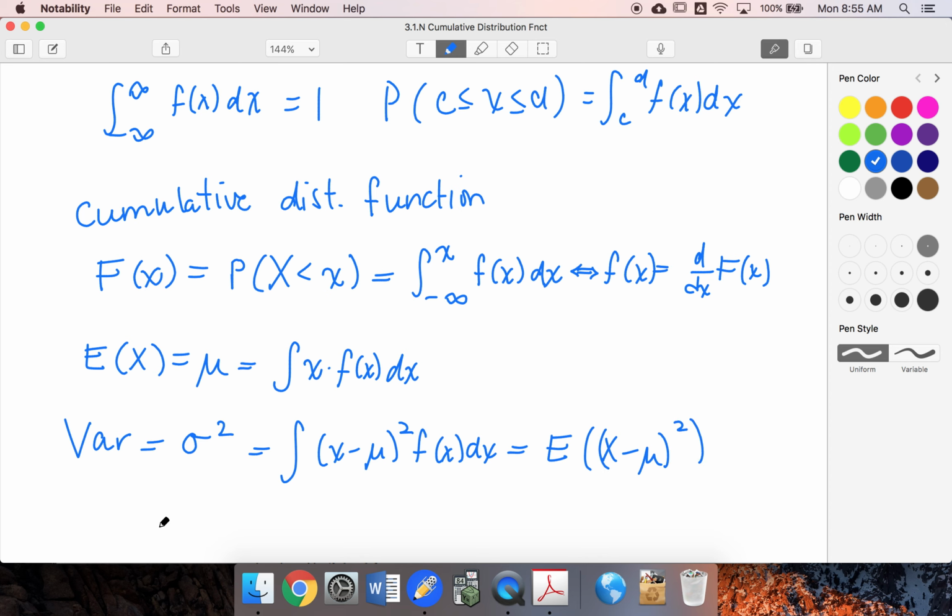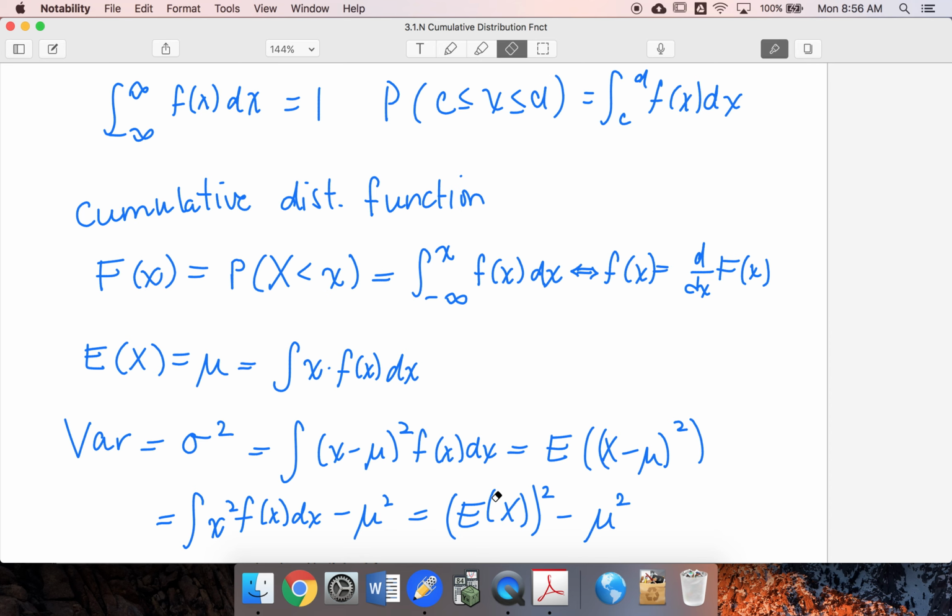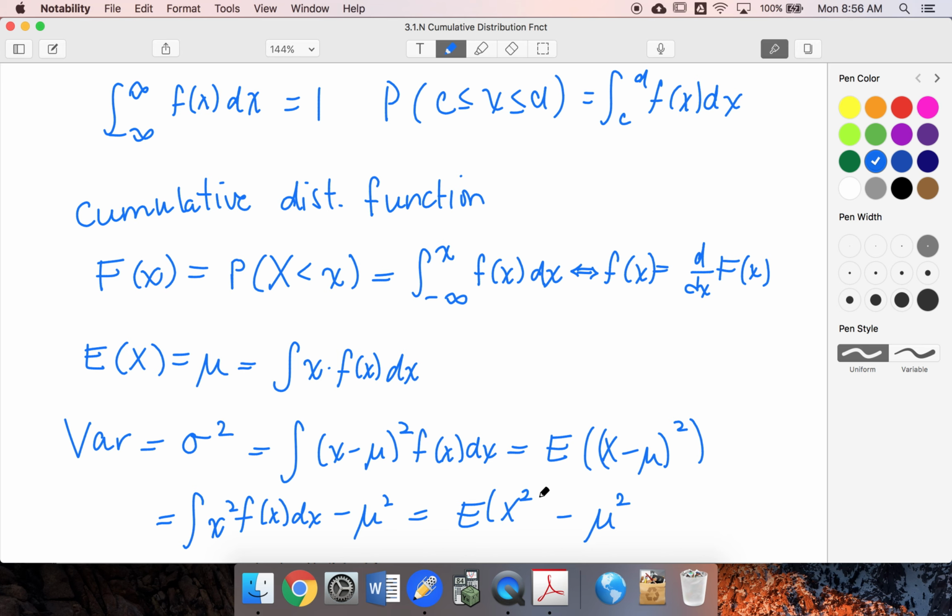This becomes integral x squared f of x dx minus mu squared, or expected value of x squared minus mu squared. Sorry, the parentheses are in the wrong place, because this is the expected value of x squared.